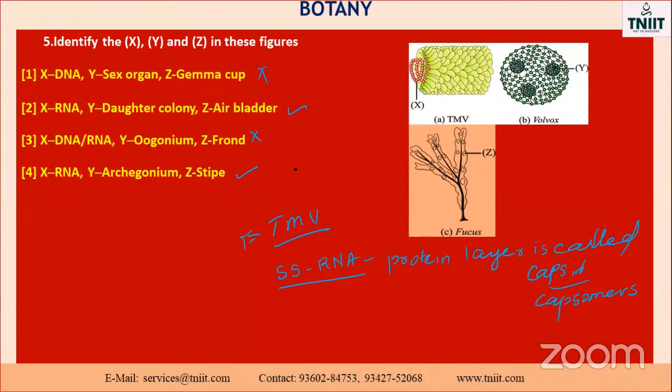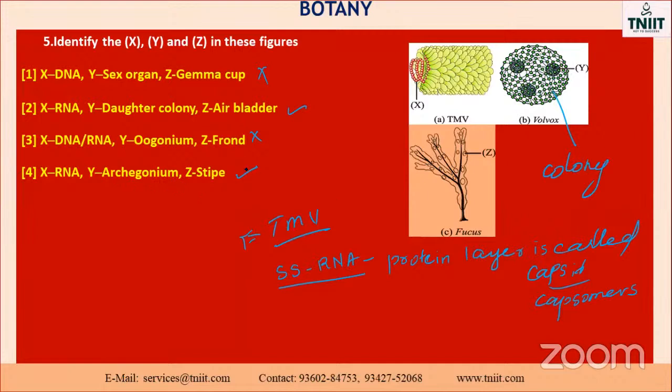Okay. And the next one, what is that, you know? So this is Volvox. Okay. It is a network-like structure and also has colony forming nature. These come under which option here? Archegonium and daughter colony. So already I told you this one is a colony form only. So which one is archegonium?